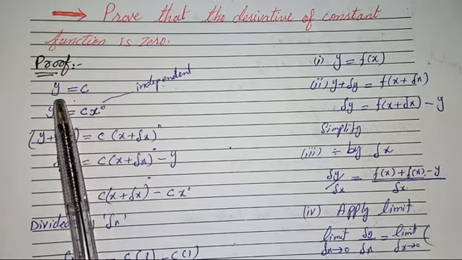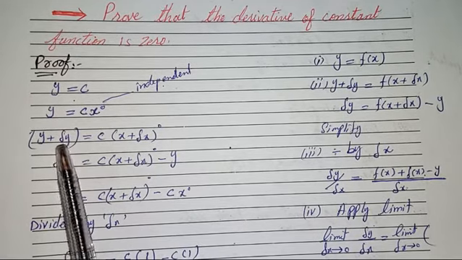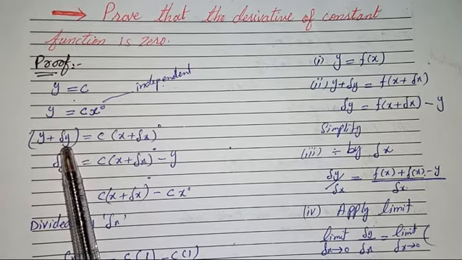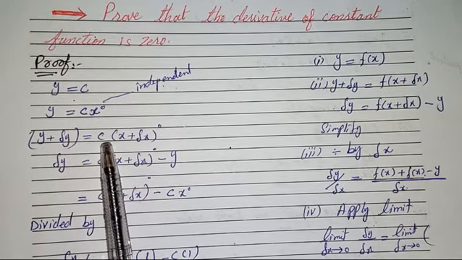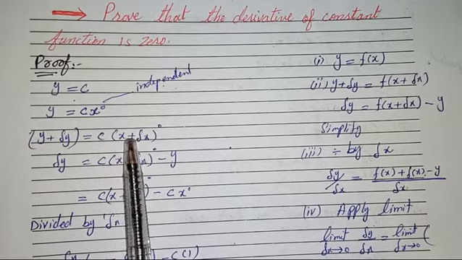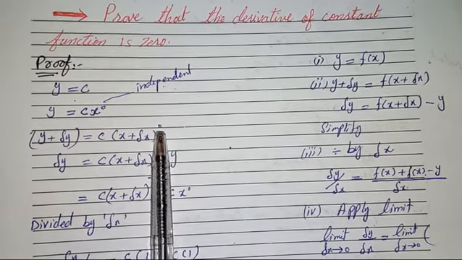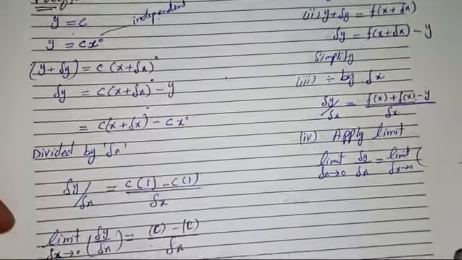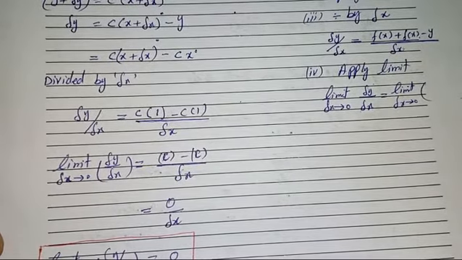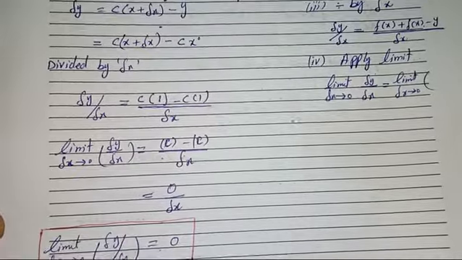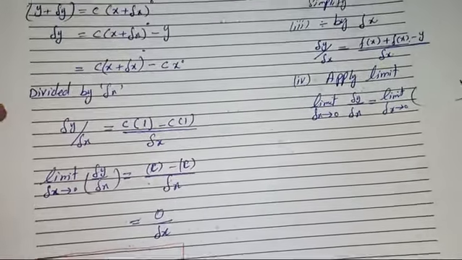First, the given function is equal to y. Secondly, apply delta y on both sides in variable. Y plus delta y, c is a constant, so x plus delta x whole power 0. So this is the proof that the derivative of a constant function is 0. We have proved it completely.